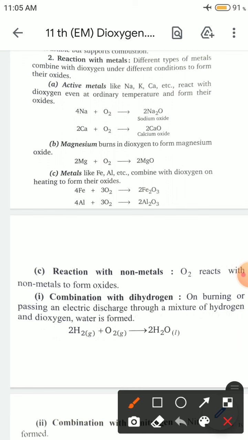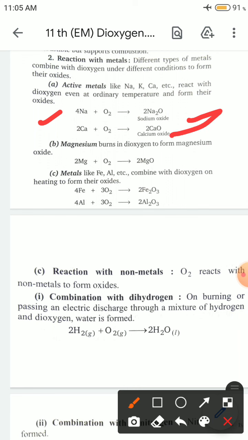Different types of metals combine with dioxygen under different conditions to form their oxides. Active metals like sodium, potassium, calcium react with dioxygen at ordinary temperature and form their oxides: 4Na plus O2 gives 2Na2O, 2Ca plus O2 gives 2CaO.